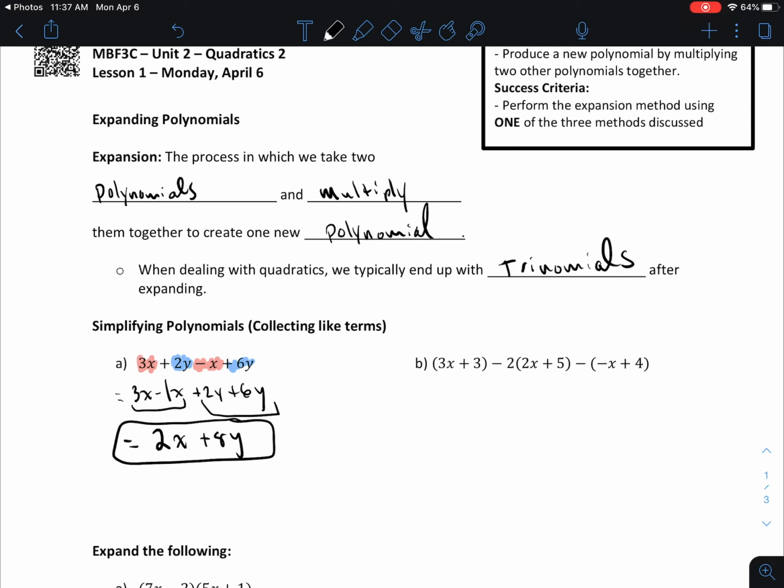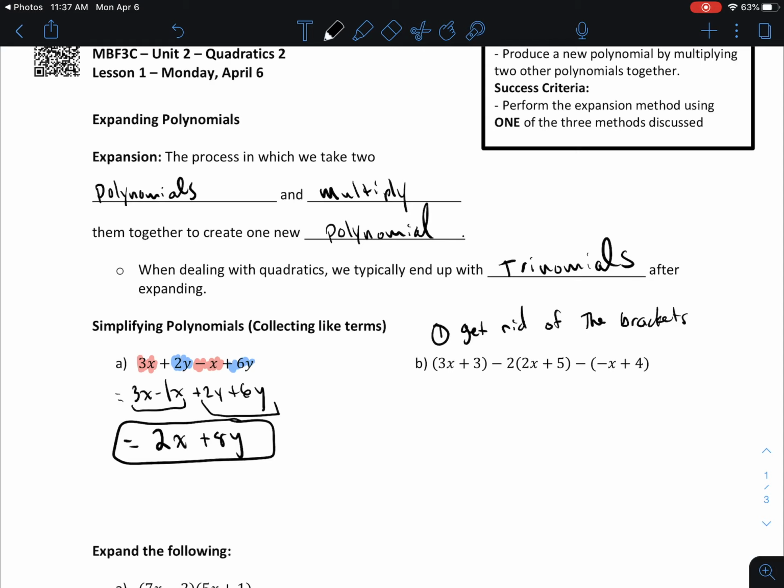You'll see, okay? Now, these ones here in question B could be a little bit tricky. I like to think of my first step when seeing something like this as getting rid of the brackets. Once I do that, I'll get something that looks like A, and then I can rearrange and do the same process.